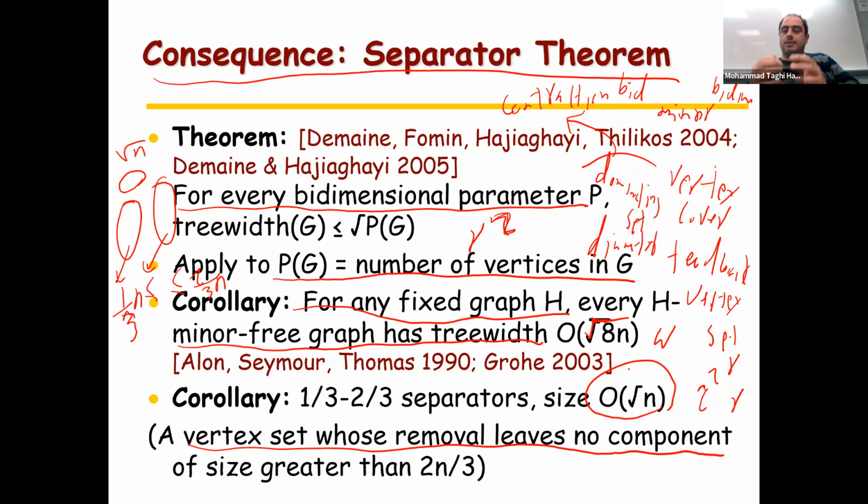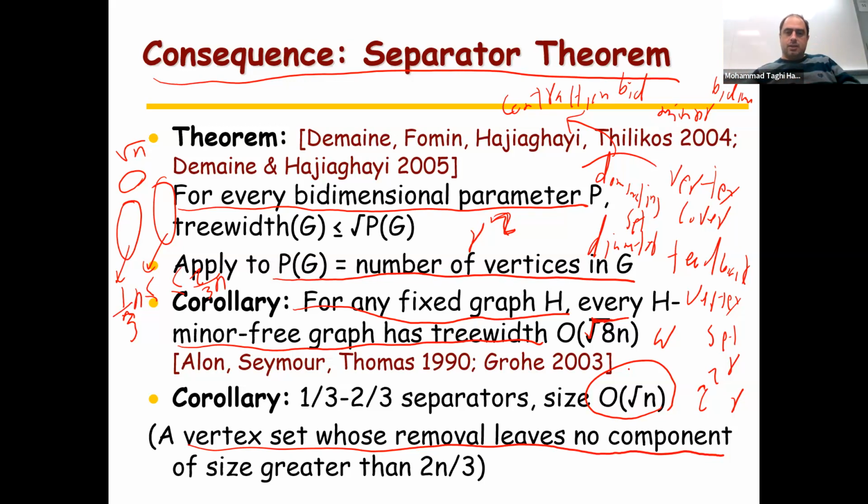Here we show that this is a separator that you can remove, and the graph will be divided into equal parts, so you can recurse on them. At the same time, if you ignore those vertices of the separators, because their number is at most square root of k, and we have k, this is essentially a low order term, and you can just ignore them. That helps a lot, and that's how we can get all these PTASs, etc.